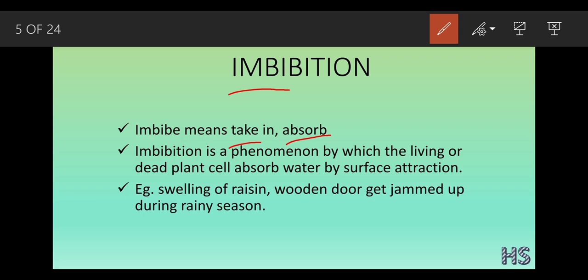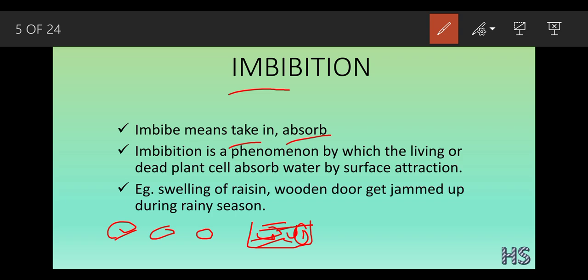Suppose I take a handful amount of raisins, shriveled raisins. What I'm going to do is soak them in water. I'm going to take this bowl and put the raisins in. Soak these raisins overnight.